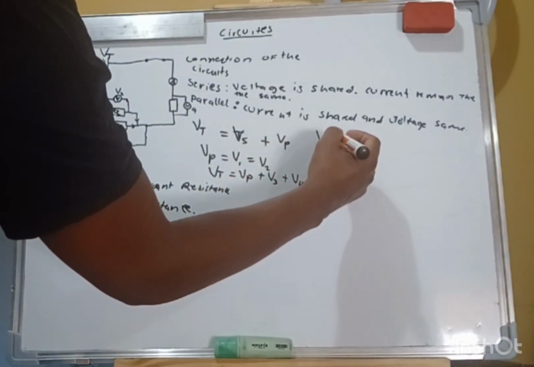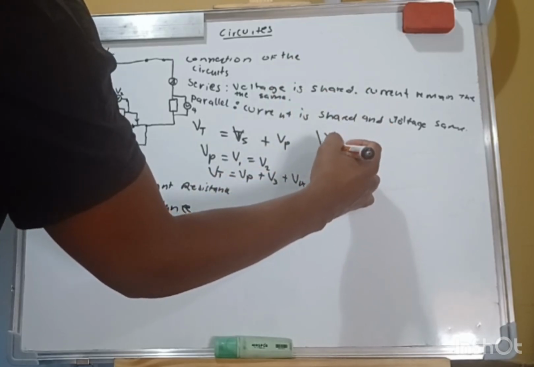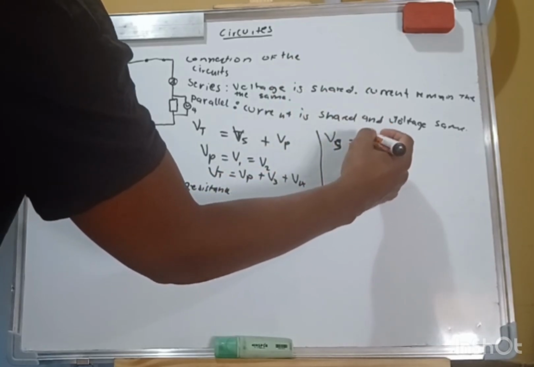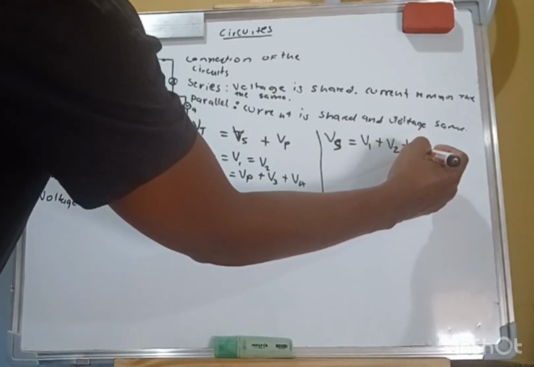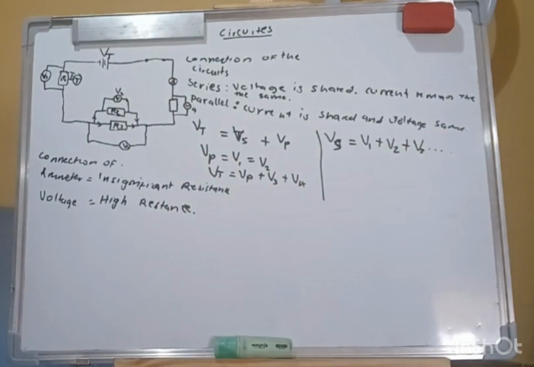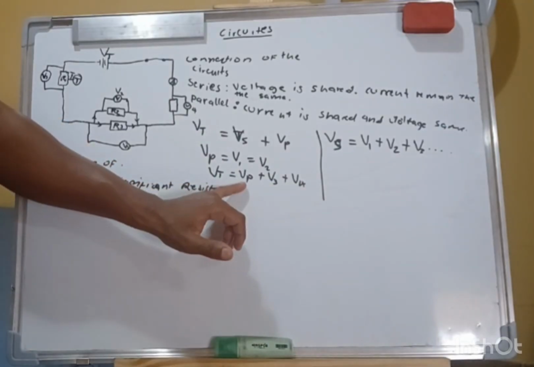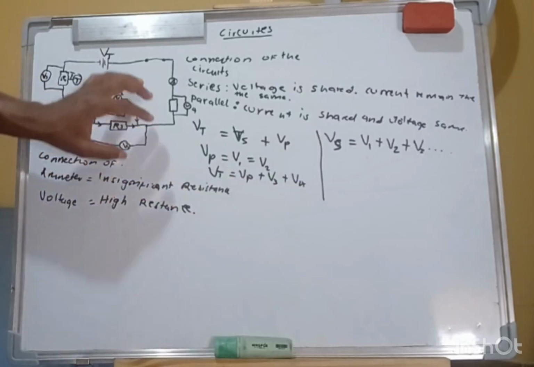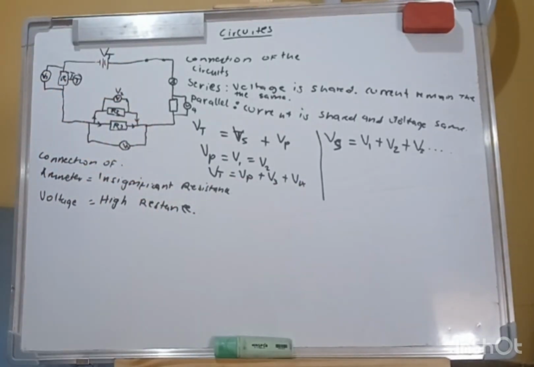Voltage in a series connection is going to be equal to V1 plus V2 plus V3 and so forth. That's why we are saying here voltage parallel plus this one plus that one, because as much as it's parallel, it is also in series to that one. That's why that applies. Okay, that is very important for you guys to understand.